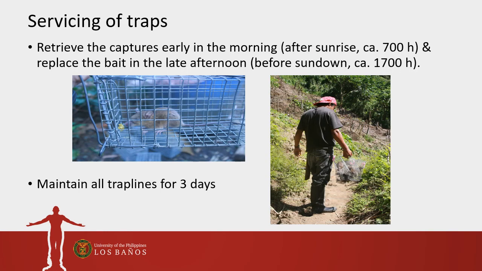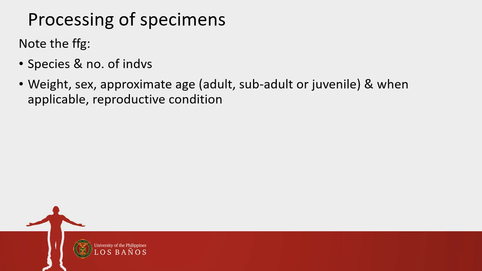Captures are retrieved early in the morning and baits replaced in the late afternoon. Traps are maintained for at least 3 days or depending on your species effort curve. When processing the specimens, take note of the following: the species and the number of individuals caught.